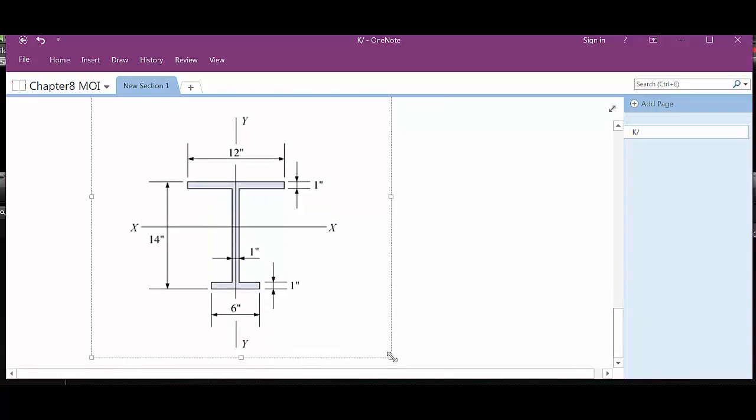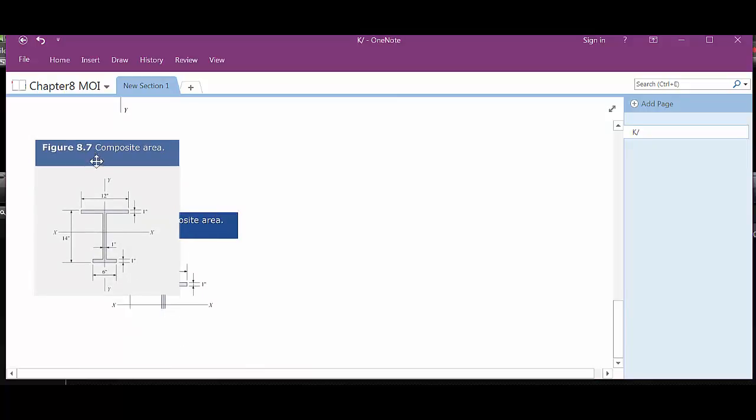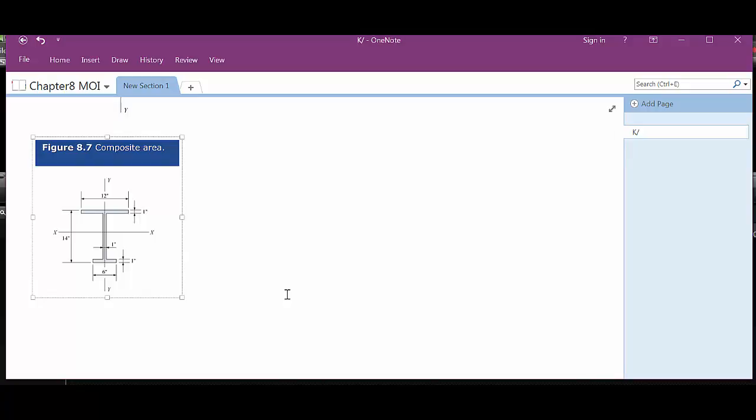Let's see if we can make that a little smaller. Okay, so we can find this relative to, and that's really not the picture I want. This is just showing you a composite area, but I'm going to go one picture better than that.